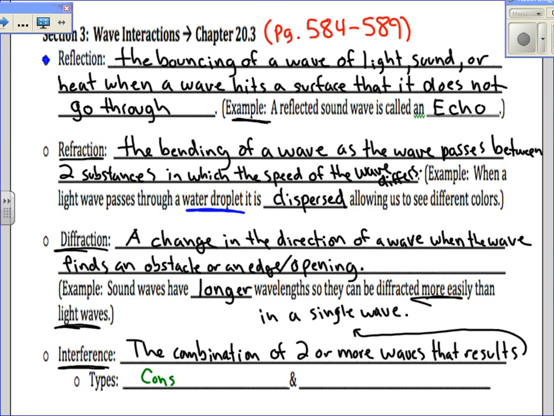So, constructive interference, we'll just write INT for interference, and destructive interference.